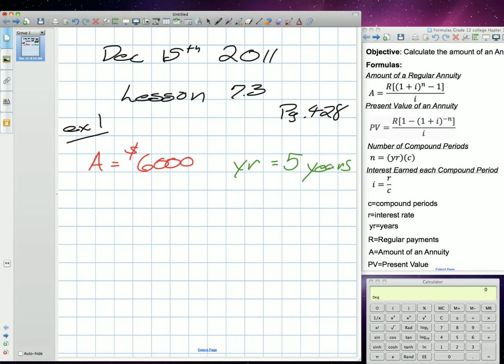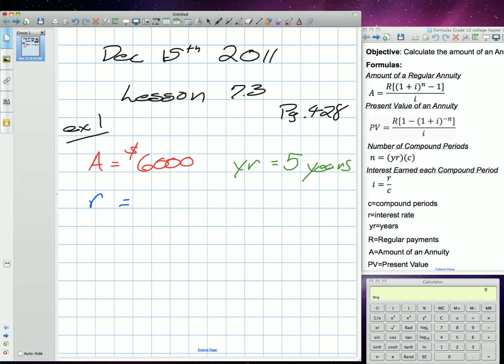What regular deposits should she make at the end of every 6 months in an account that earns 6% compounded semi-annually? So we got to figure out our interest rate. That's our R in this question. They've told us the interest rate is 6%, which as a decimal is 0.06.